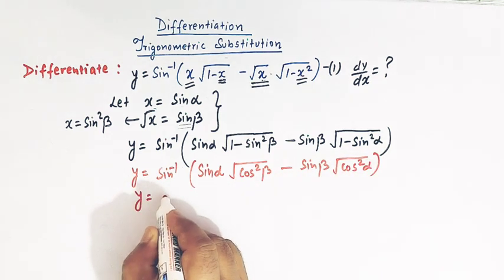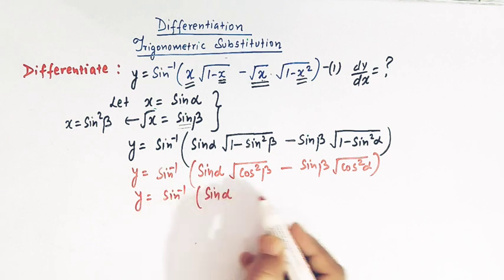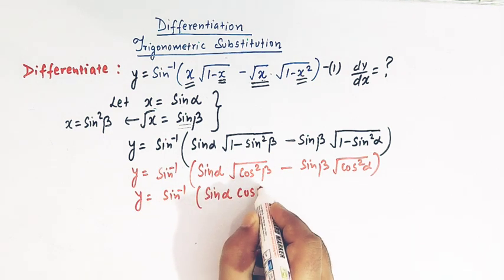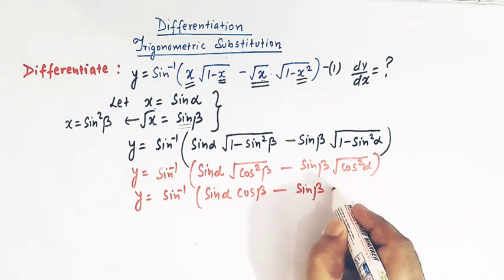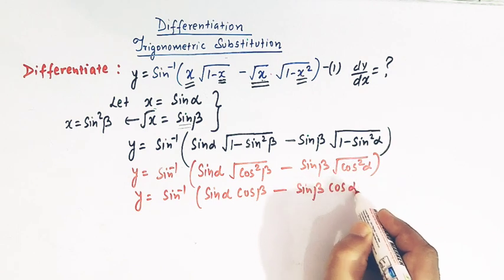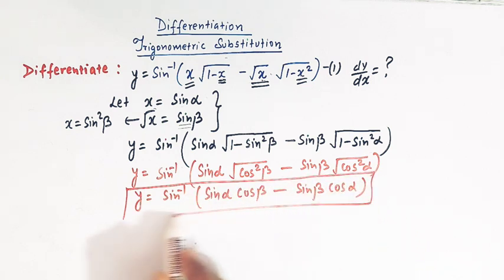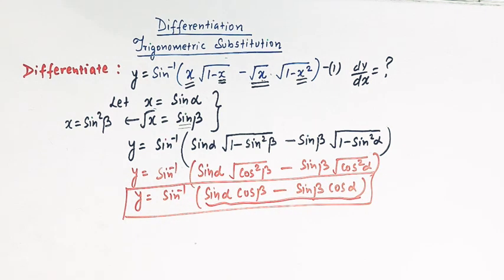So now we can write y is equal to sine inverse. Here we have sine alpha, and square root of cos square beta is simply cos beta, minus sine beta, and here we have square root of cos square alpha as cos alpha, right? And here we can see that this expression is a well-known result from trigonometry, right?